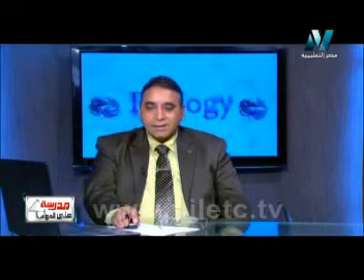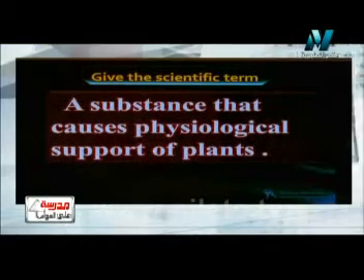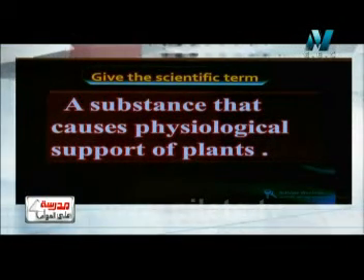But if you rest without movement, allowing oxygen to get inside the muscle, that will oxidize the lactic acid into pyruvic acid, which gets into the Krebs cycle. So that's the formation and the consumption of lactic acid inside the muscle. The next question: a substance that causes the physiological support of the plant.